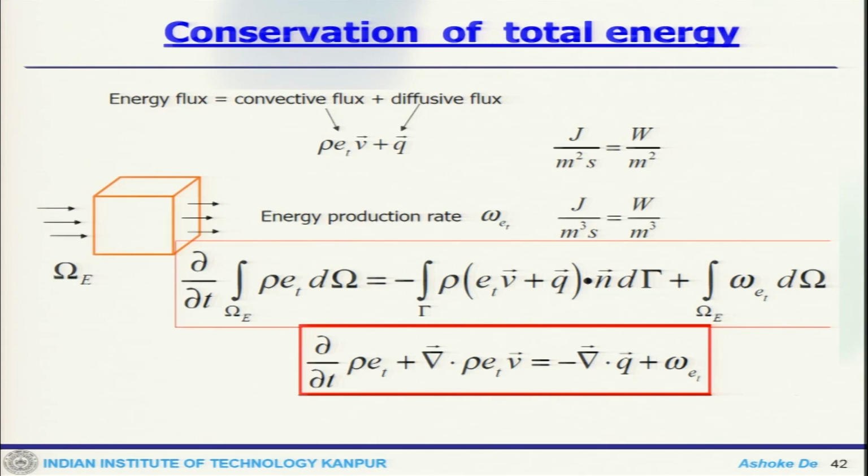Now, if you look at the conservation of the total energy, in the energy flux there would be two components, one is the convective flux, another is the diffusive flux. This is the component coming from the convective flux and this is the component due to diffusion flux.